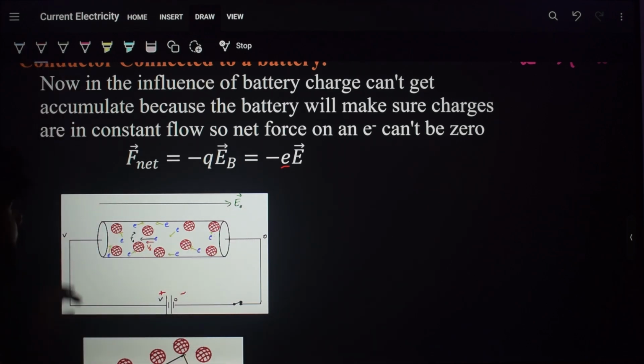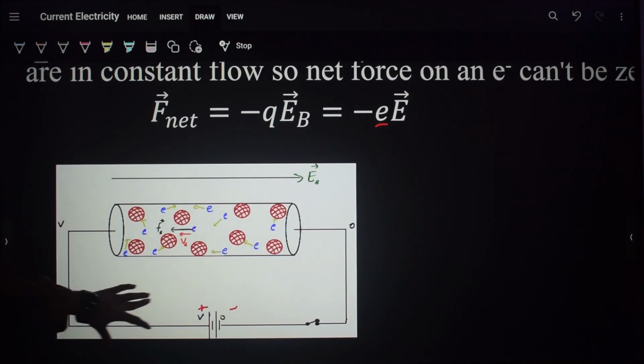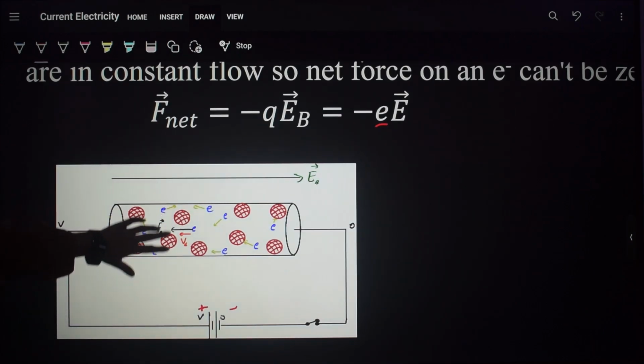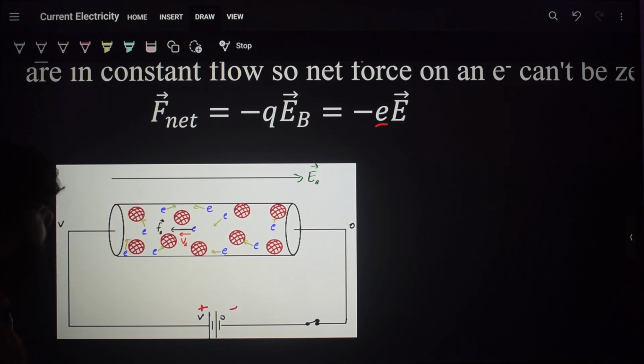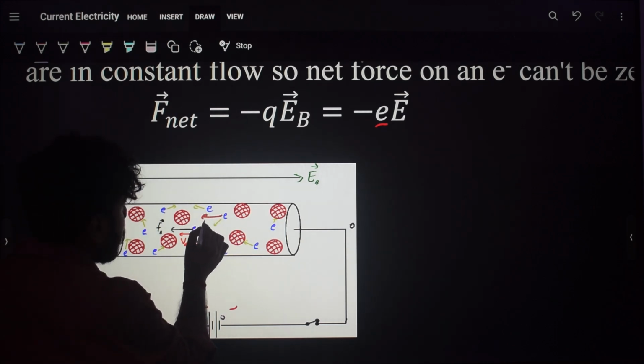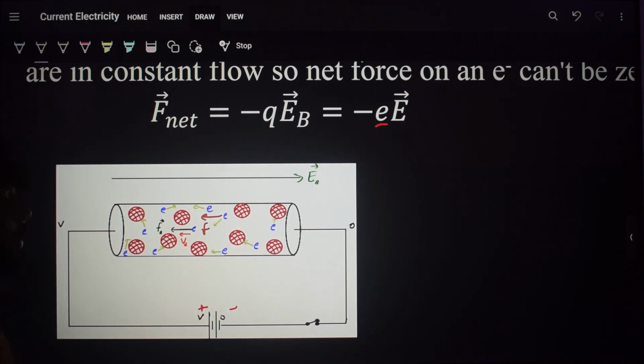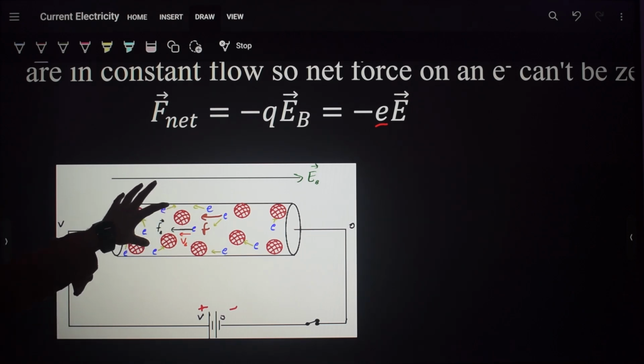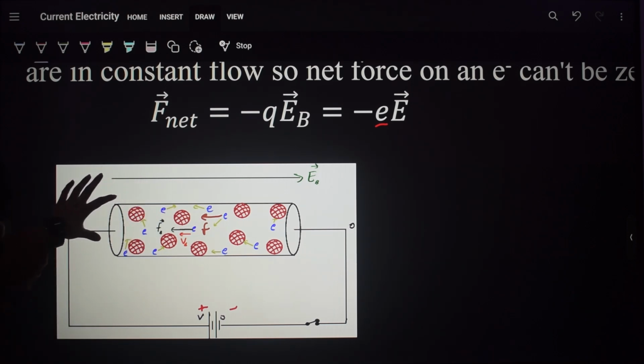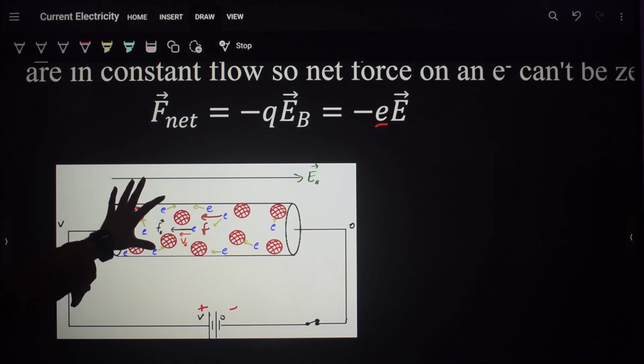We will discuss that also. Because this is connected to a battery, again there is an electric field. The electron is still going to experience some force, but in this case they cannot get accumulated here, because the purpose of the battery is to maintain the flow of charges, so they will not get accumulated here.